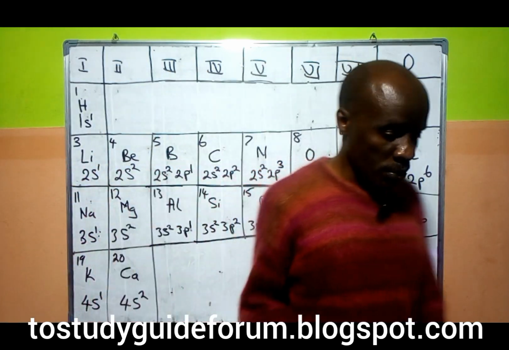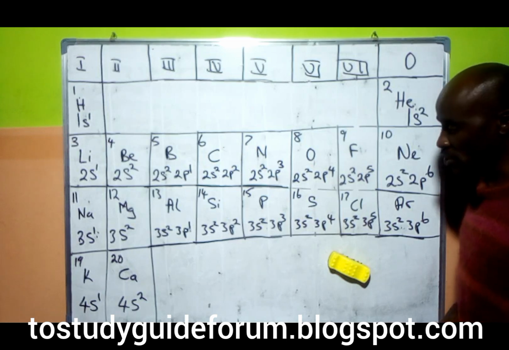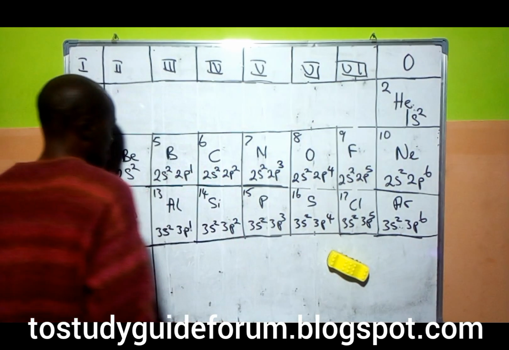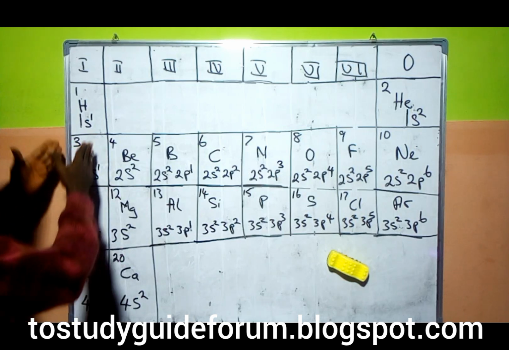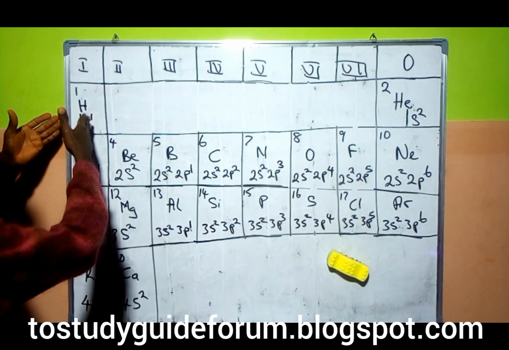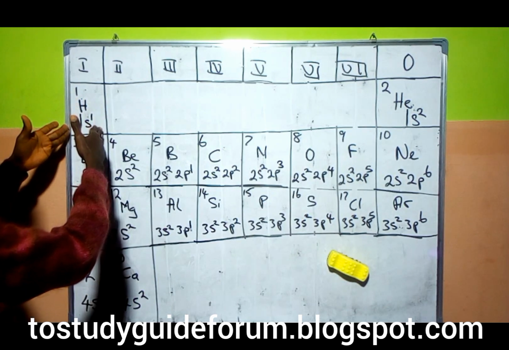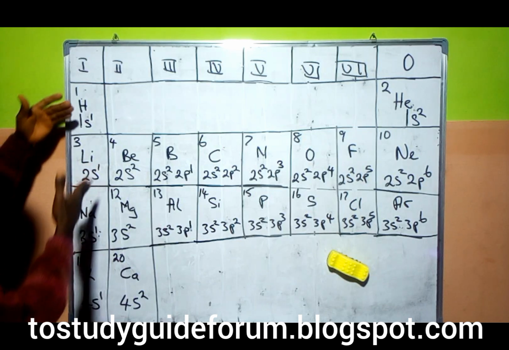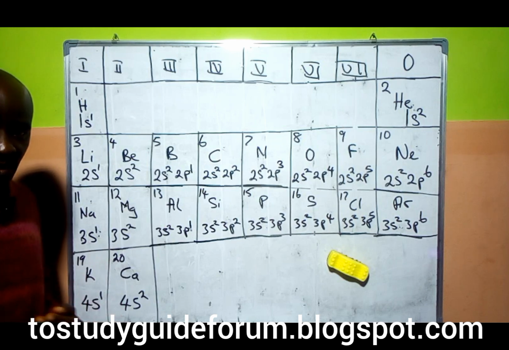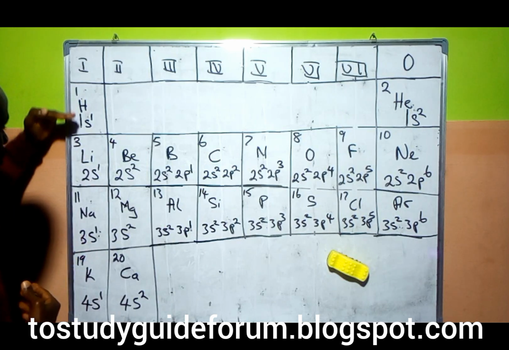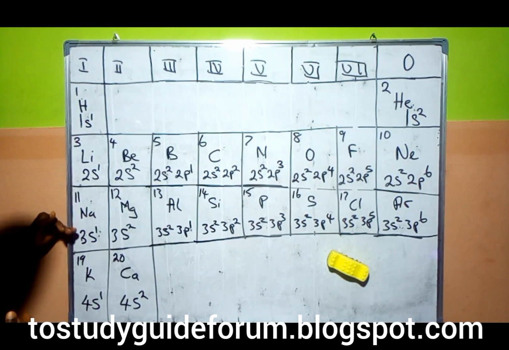Now, there's another thing we should note. We have what we call the diagonal relationship. As we go down each group, there's a variation in properties, a constant trend of variation that exists down each group.